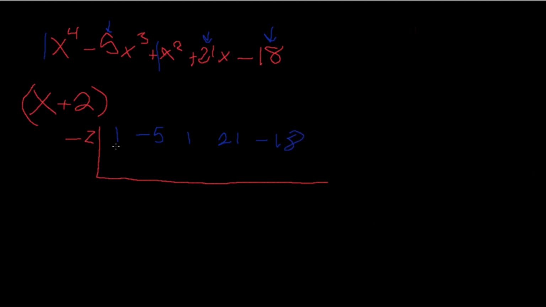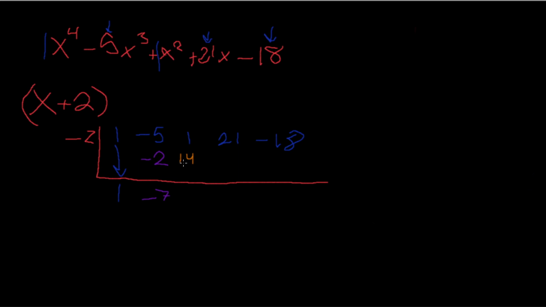Then we bring the first one down and we get 1, and then we multiply the negative 2 by this to get negative 2, and then we add these two together to get negative 7. Then we multiply the negative 7 by the negative 2, and we get positive 14.